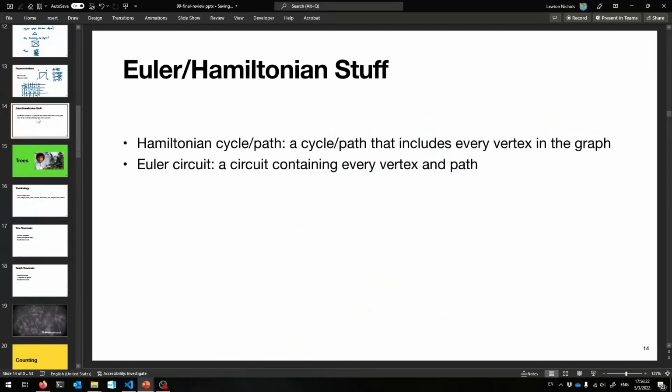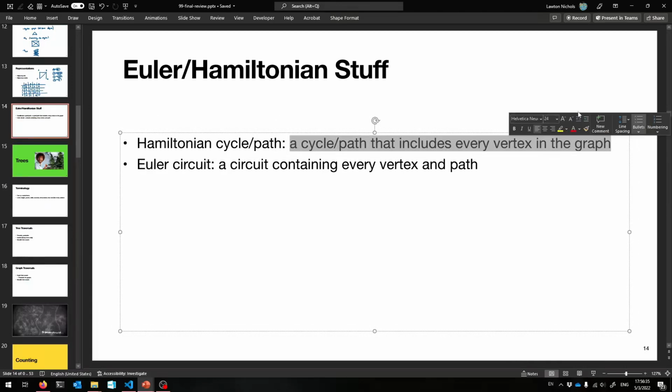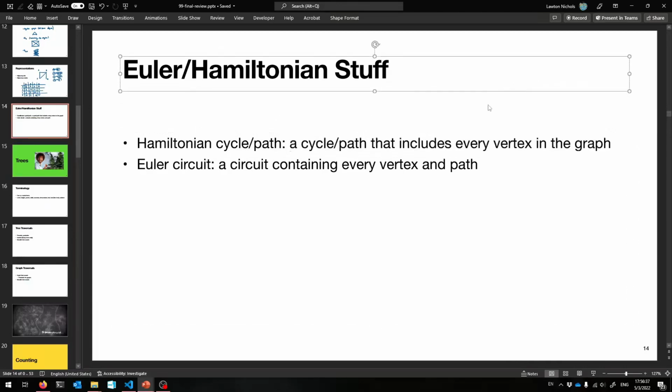Even fancier graphs. Let's talk about Euler circuits and Hamiltonian cycles and paths. So a Hamiltonian cycle or a path is a cycle or a path that goes through every vertex in the graph. All right. So for example, let's start with K4. Here's my graph.